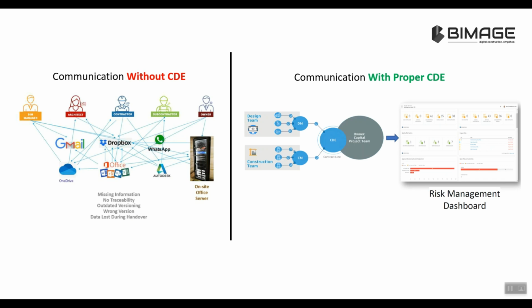Common data environment is a central digital repository for an organization, for a project, where we can save the data, we can share the data, and we can control who is accessing the data, who is modifying the data. Different levels of permissions will be there, security will be there, and the information will be in the right hands at the right time.